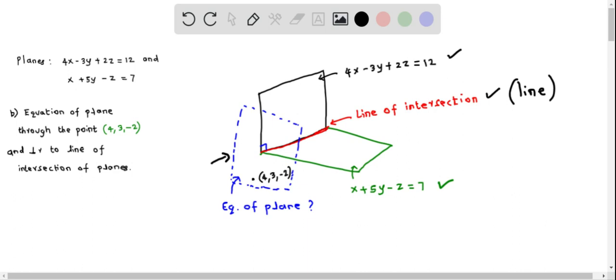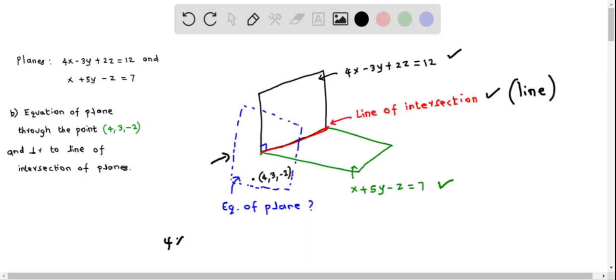So our first task is to determine the equation of the line of intersection. That is, we have to find the equation of the line formed when these two planes intersect. So let's see how to find the line which is formed by the intersection of these two planes. To determine the equation of the line, I'm going to use the equations of the planes because the line is formed by the intersection of these two planes.